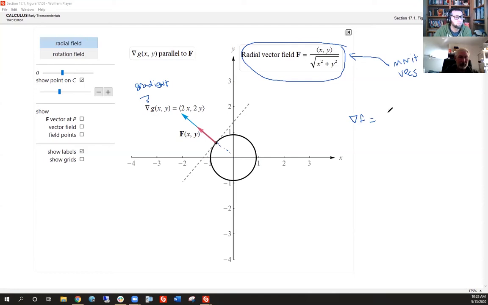Derivative with respect to x and derivative with respect to y. Yeah, so it's a vector quantity, and we'll have the partial with respect to x, partial with respect to y. Thanks, Vu. Okay, so here's our gradient.